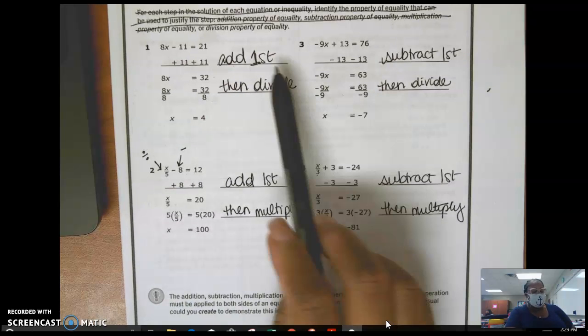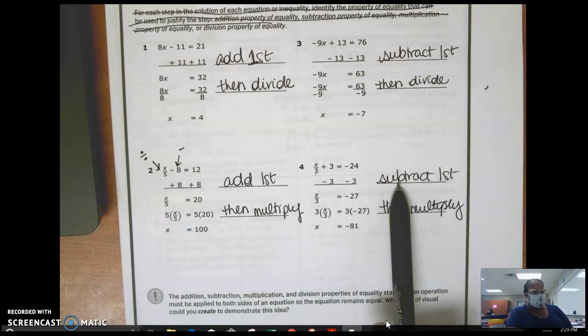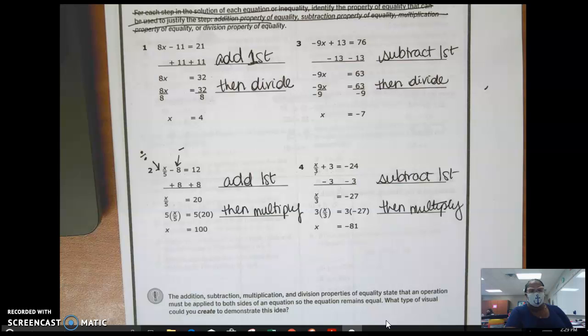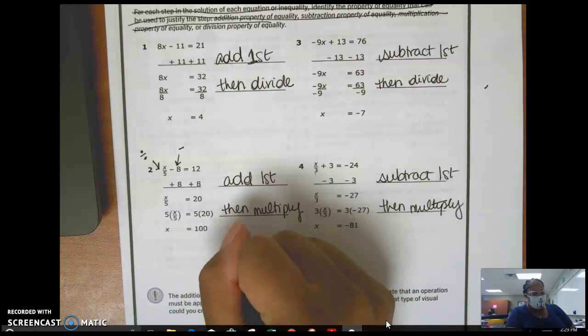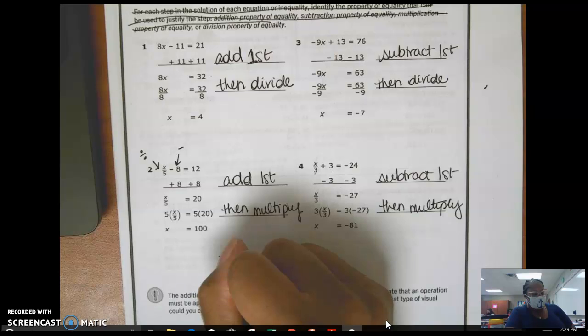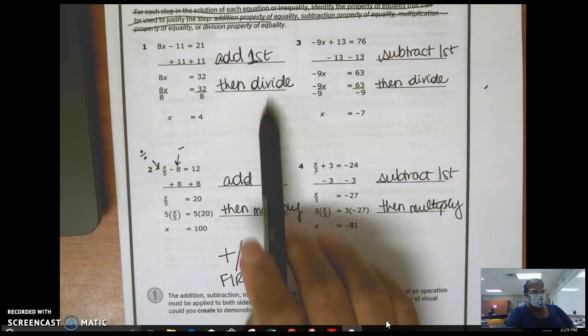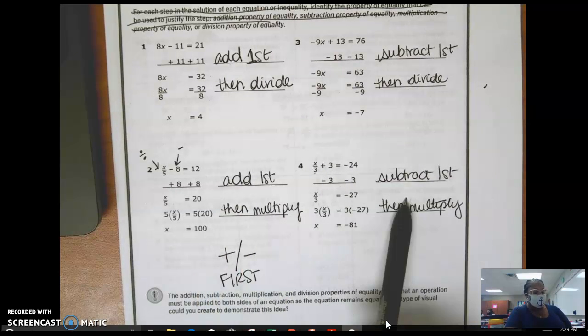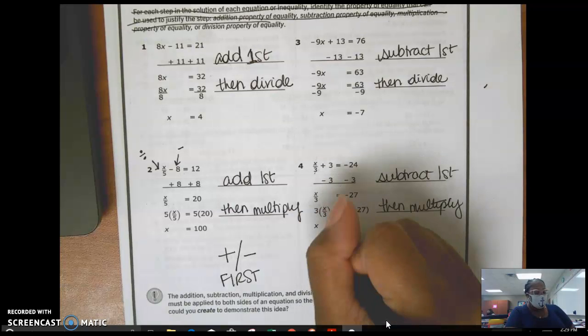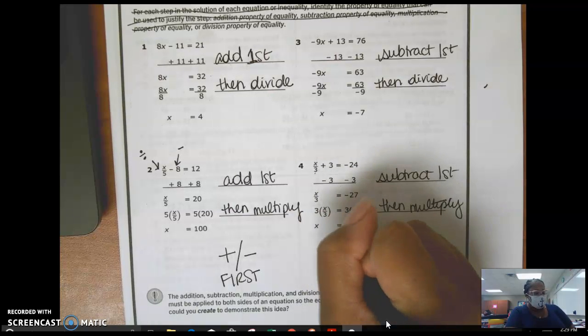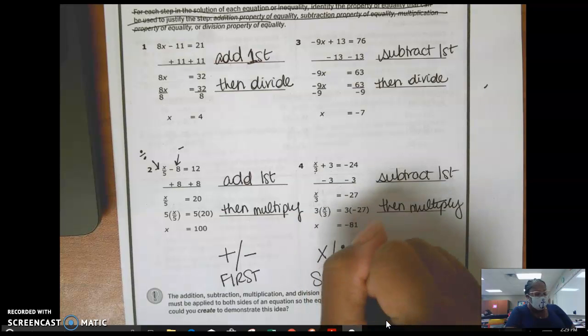What do you notice about each first step? It's either adding or subtracting first. And then what do you notice about the second step? Multiply or divide second. That's usually how it's going to be.